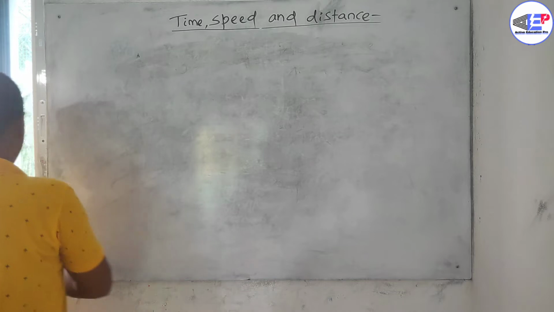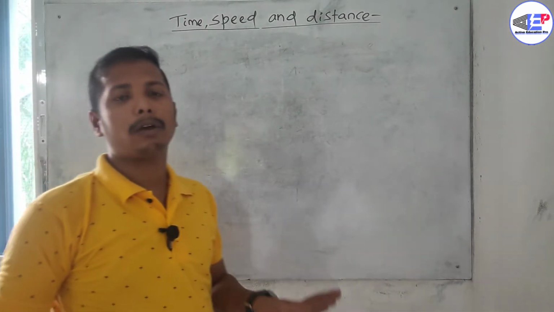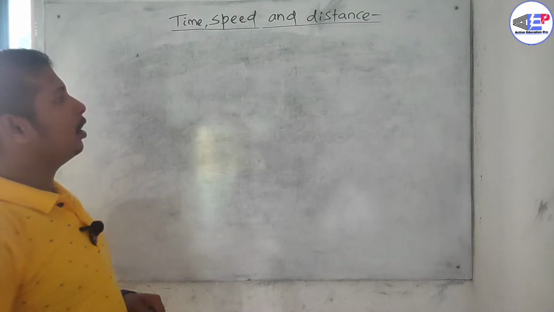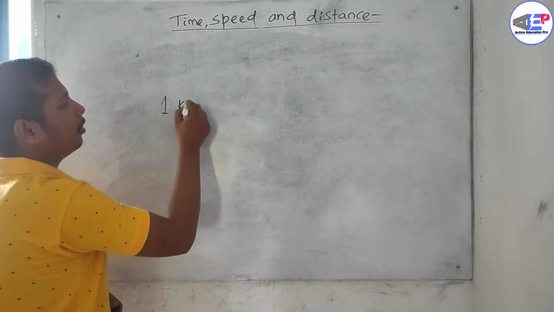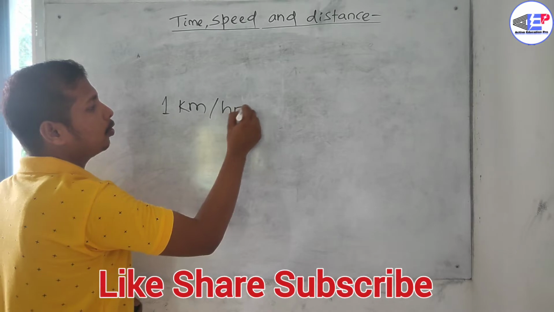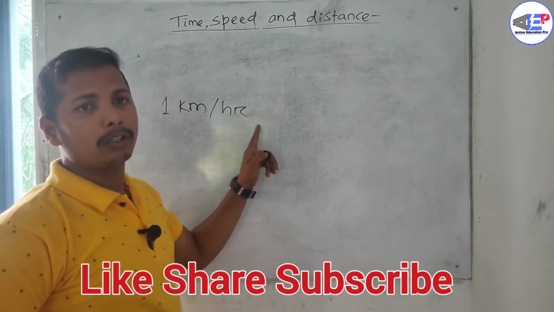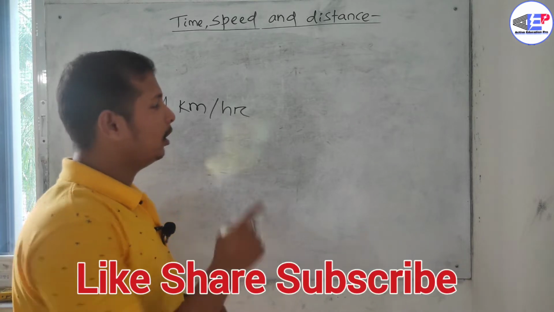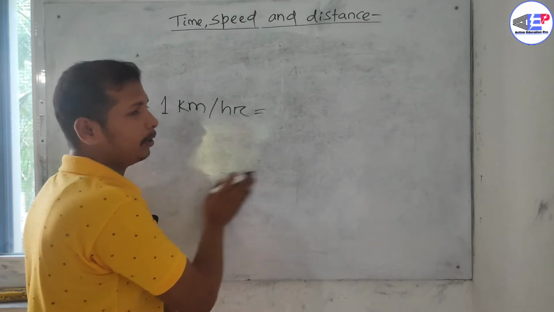When you solve, we have to convert the unit of kilometer per hour to meter per second. So we have studied previously that when the unit is in 1 kilometer per hour, to convert the unit to meter per second, we have to multiply it with 5 by 18. Let us see how it is happening.